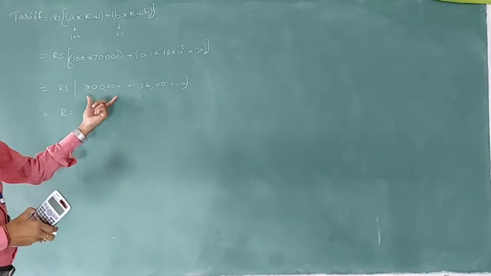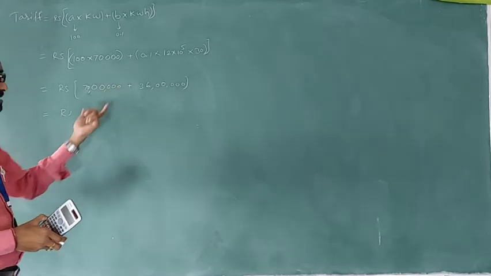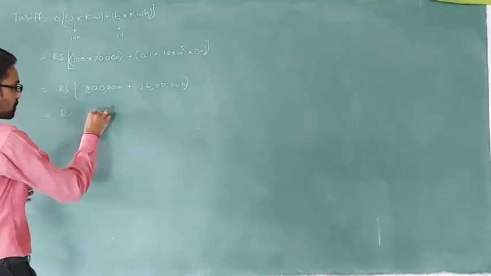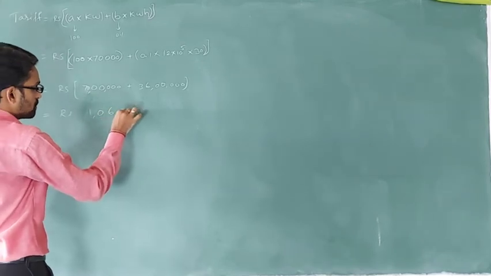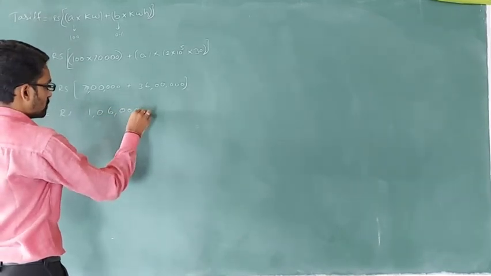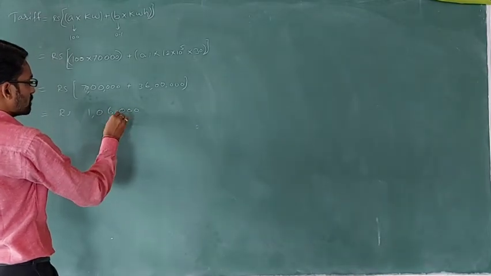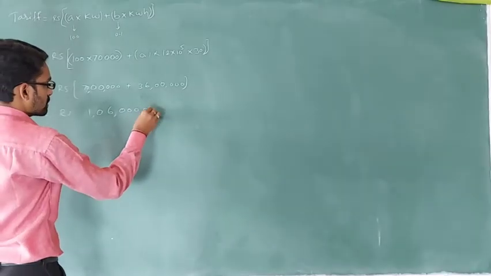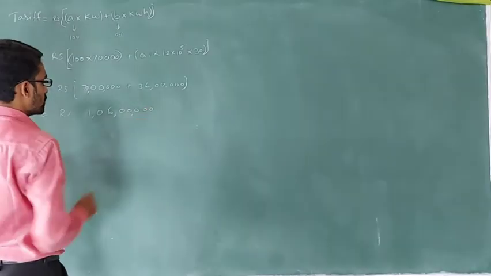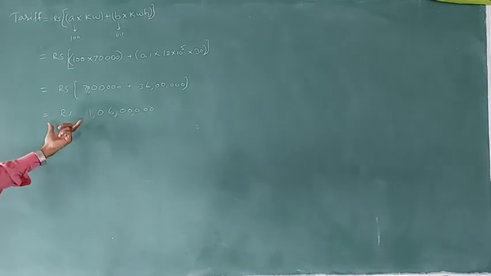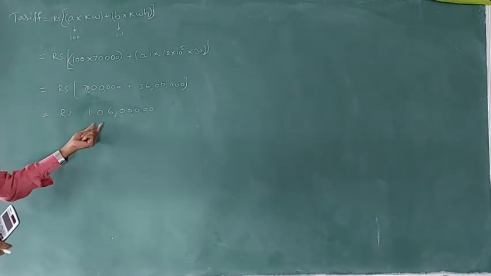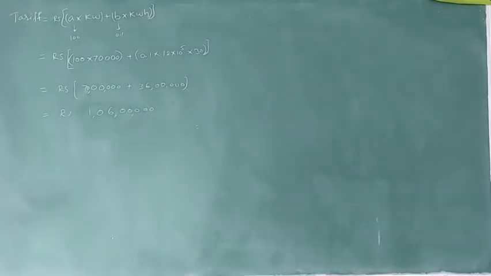So 70 lakhs plus 36 lakhs gives 1 crore 6 lakhs. So this is your total tariff, 1 crore 6 lakhs.